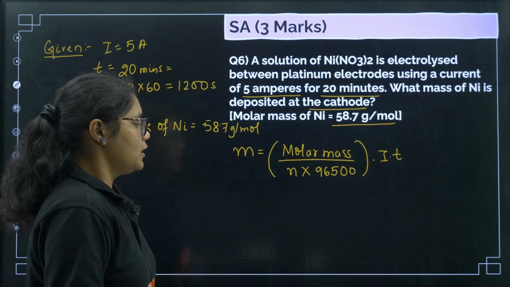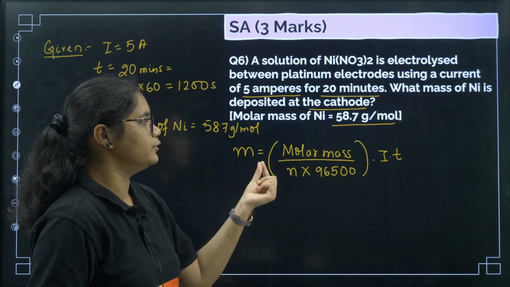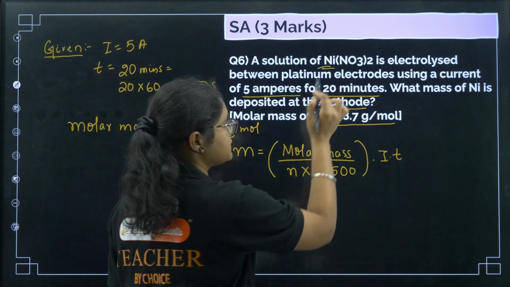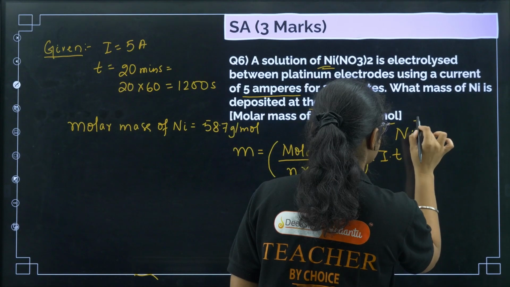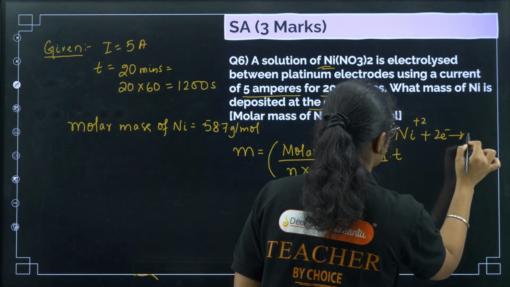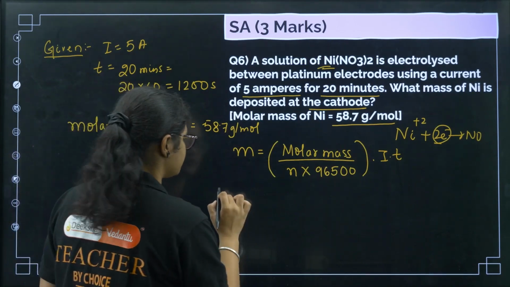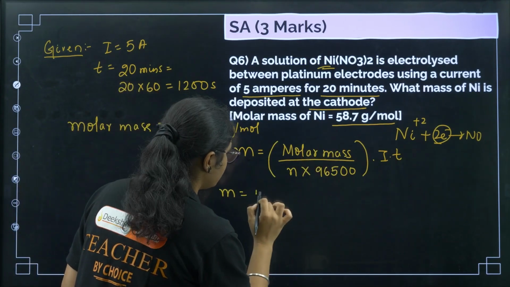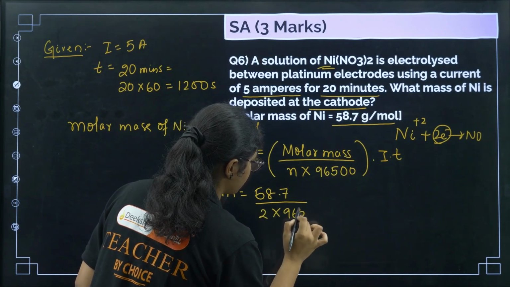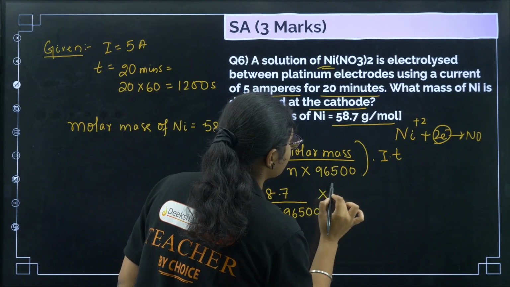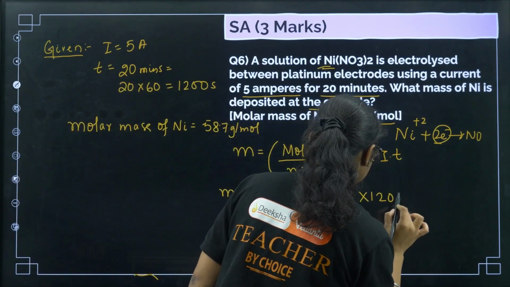Clear? Now if you want to write the n value, see for nickel, what's the oxidation state of nickel here? +2 state, right? So nickel +2 will gain 2 electrons to give you nickel. So what is the number of electrons used? n value will be 2. Let us substitute here. So we will get 58.7 divided by 2 into 96500, into I value, 5 amperes, and time is 1200 seconds.